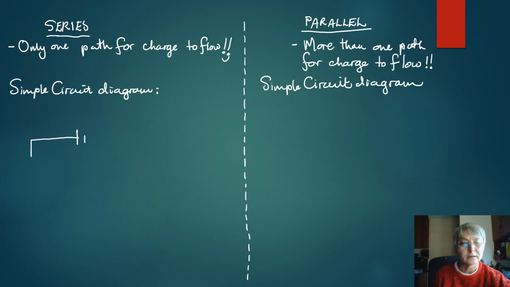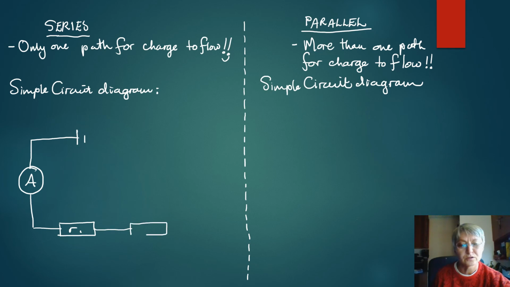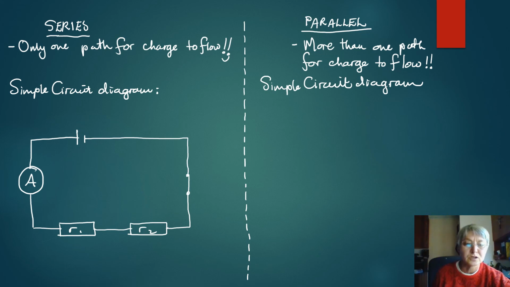So if we look at our series circuit with an ammeter to measure the total current, and resistor R1 connected in series to resistor R2, which is connected to a closed switch, we say that the potential energy of the cell is 1.5 volts, and that R1 has the same resistance as R2, meaning that they are identical.